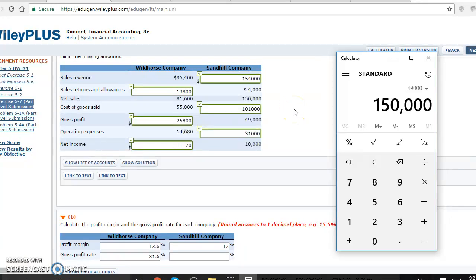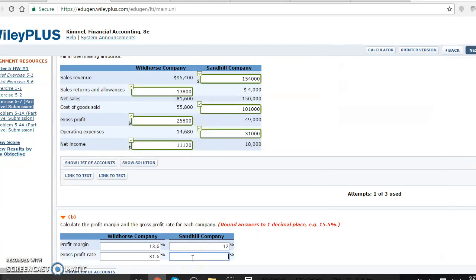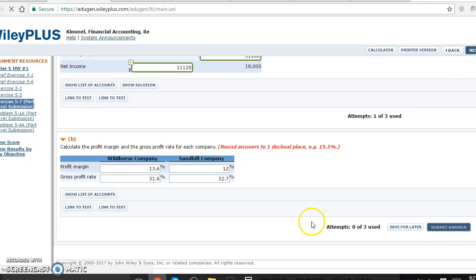That's going to give us 32.7%. We're rounding it to one decimal place. Let's go ahead and check it out.